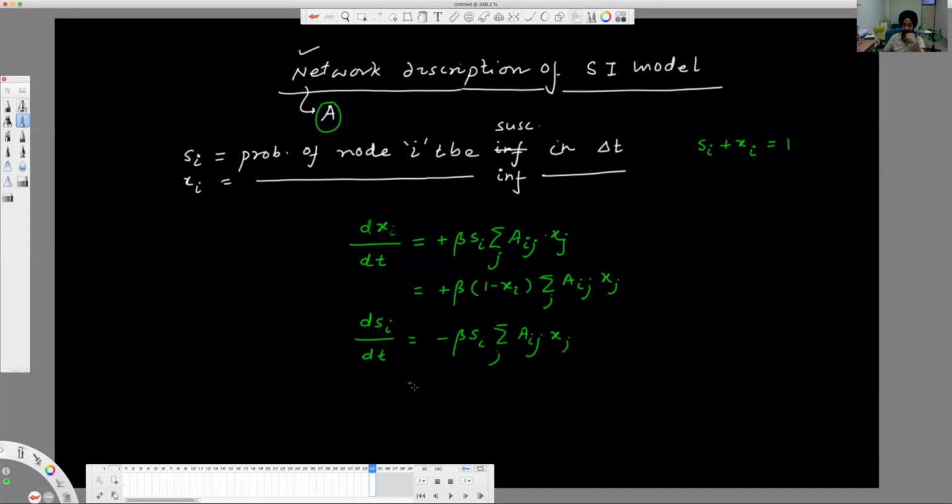Now, in this case, what we rewrite is this one, 1 minus Sj. So this is in S form and this is in X form. We are more interested in the change of the probability of infection, X. So can we write this in the form of matrices now?